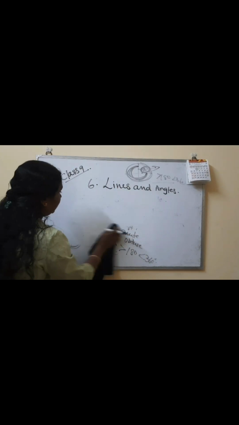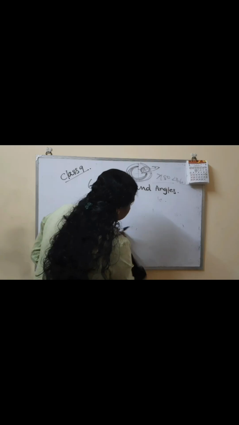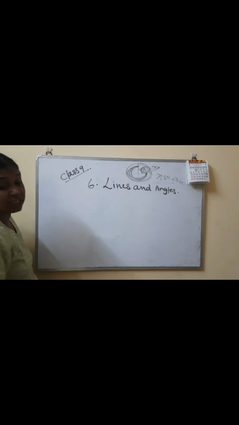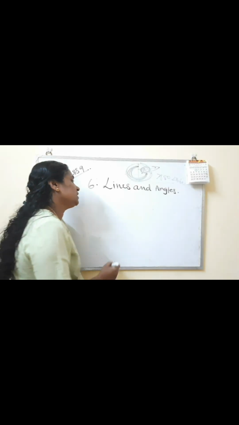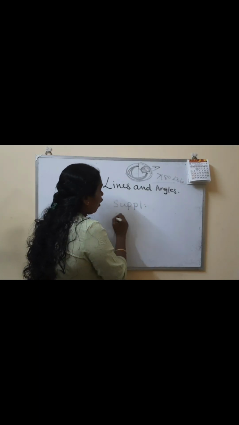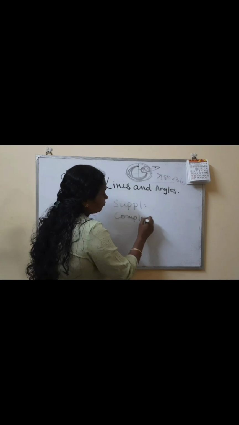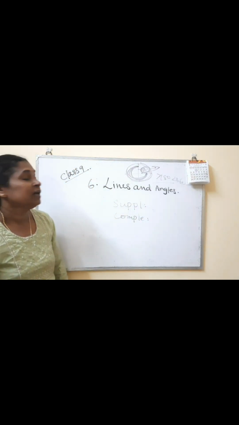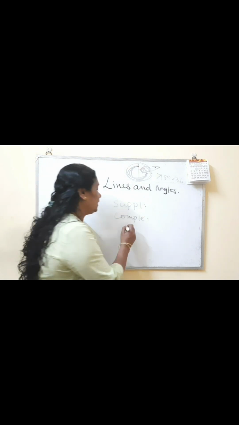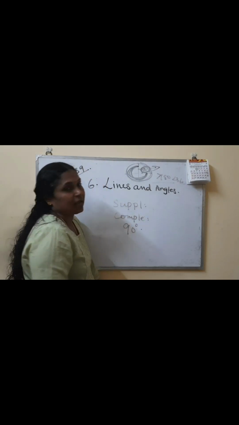Before discussing properties, we will discuss the relationship between angles, that is, supplementary angles and complementary angles. Complementary angles are two angles that, when added, give 90 degrees.